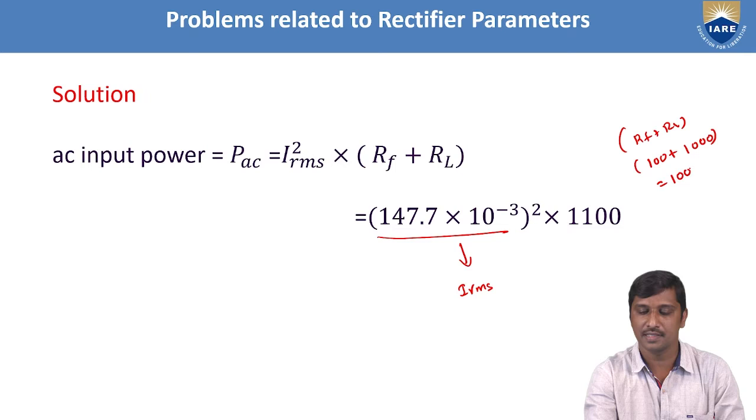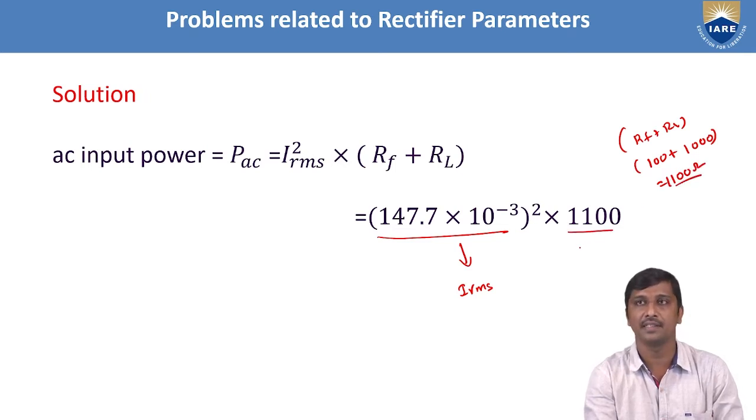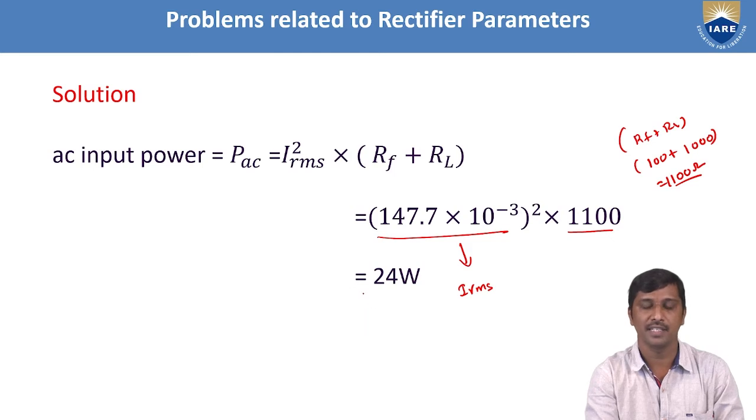The total resistance is 1100 ohms. That is the reason I directly wrote 1100, the summation of diode forward resistance and load resistance. Then simplify this relation, and it shows that the AC input power is 24 watts. So this is the AC input power.